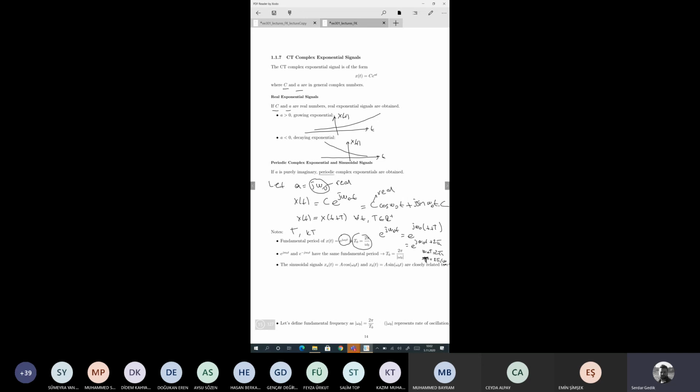It's periodic with 2T, 3T, 4T, and so on. So if I multiply by k, this is again multiplied by k. So e to the power j omega 0 t is periodic with any multiple of 2 pi over omega 0, but the smallest one means that the fundamental period is simply 2 pi over omega 0.